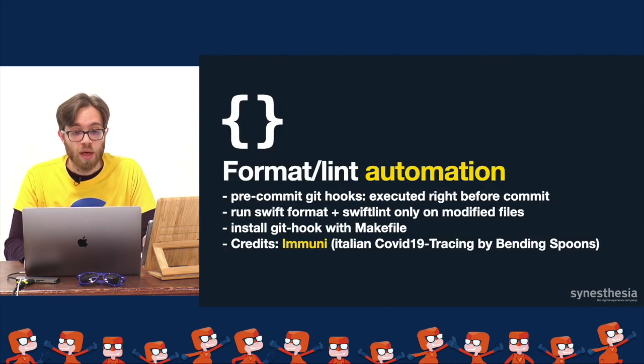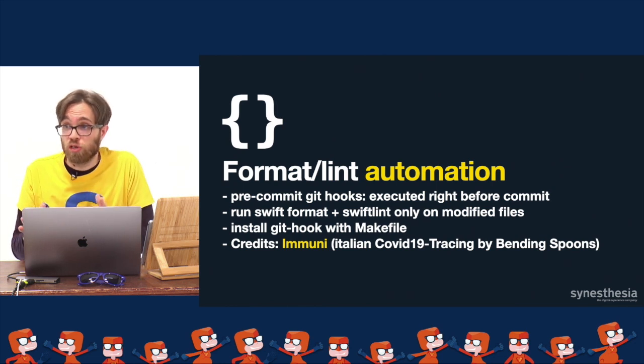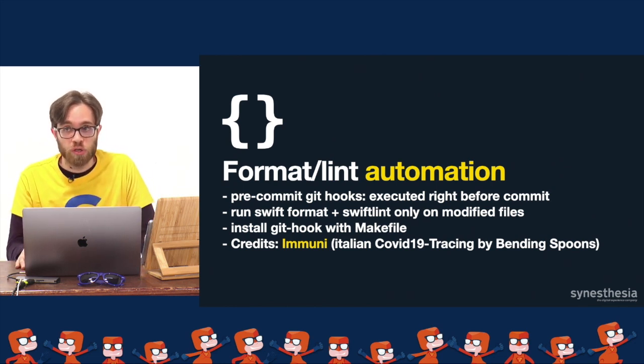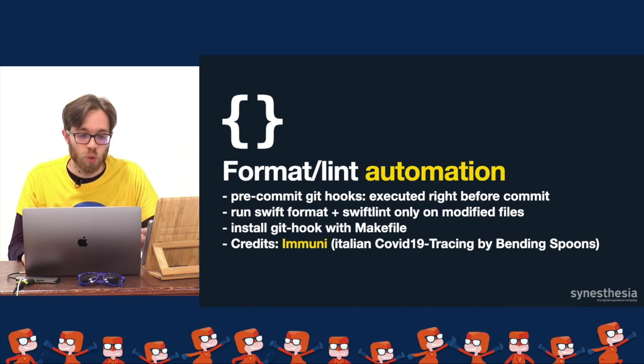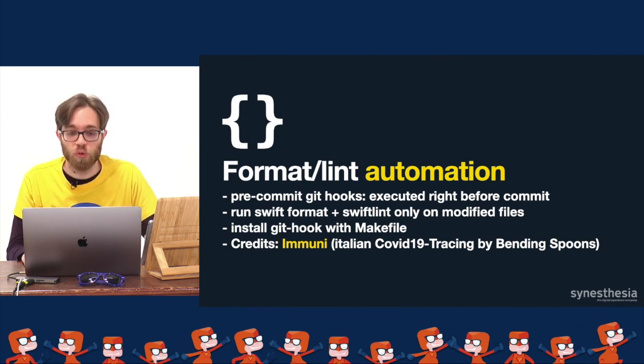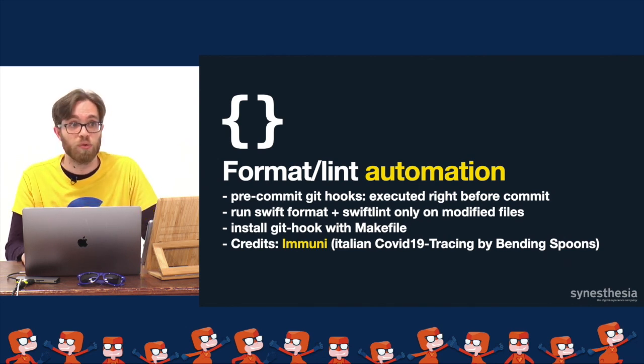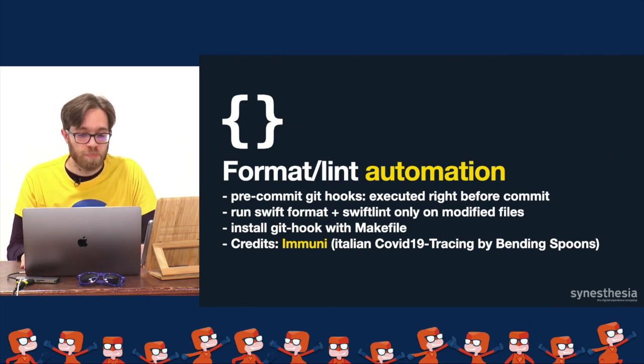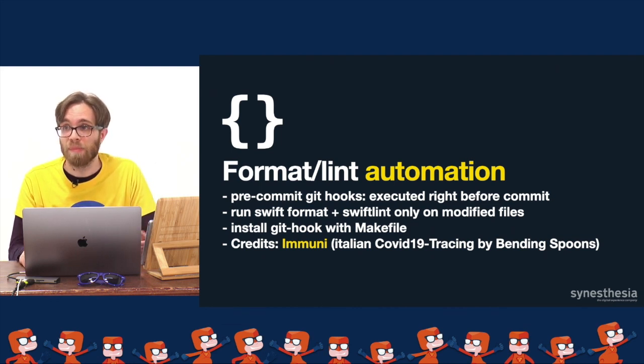About format and lint automations, because we are talking about automation, I want to present you a way I found by checking out the Immuni app, which is the Italian COVID-19 tracing application made by the great guys at Bending Spoons. They have the open source code base, and it's really a masterpiece of coding.